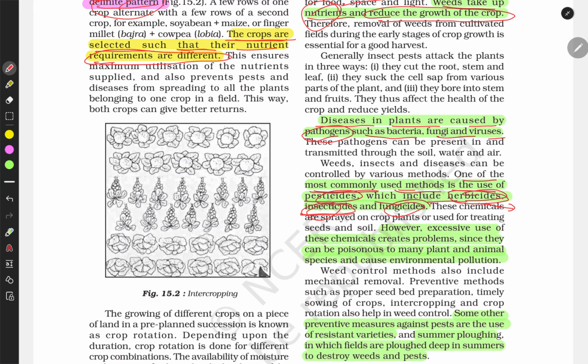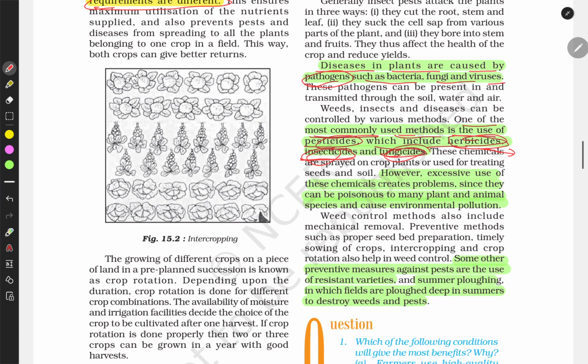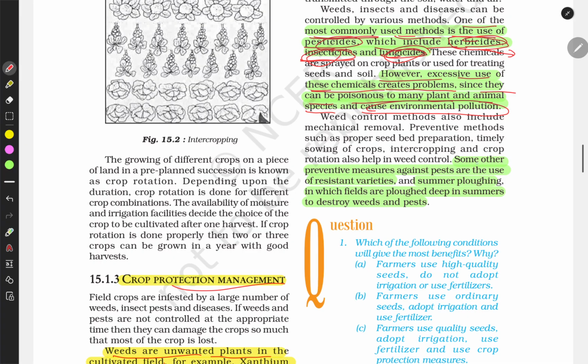Insecticide kills insects, and fungicide kills fungus. By use of these, we can make the plant disease free. However, excessive use of these chemicals creates a problem, since they can be poisonous to many plant and animal species, and it also causes environmental pollution.